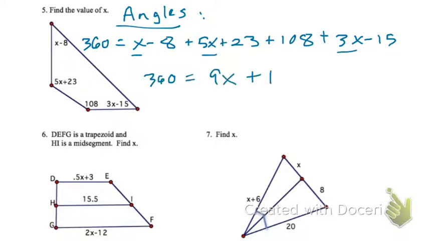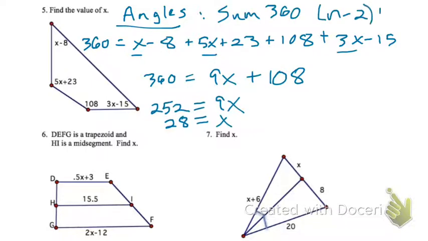In this case, they add to 360 for a quadrilateral. A little simplifying, the x is added to 9x, whole numbers to 108, and then we do a little algebra, subtracting 108 and dividing by 9, to get 28 for x. The angles above sum to 360 because n minus 2 times 180, in this case 4 minus 2 times 180, gives 360 degrees as the interior angle sum.